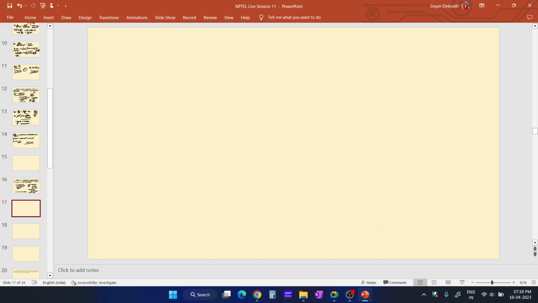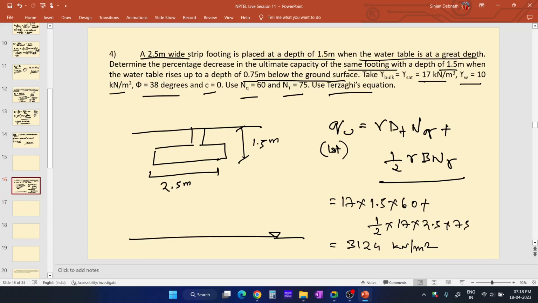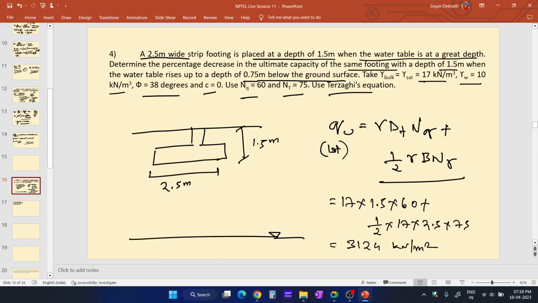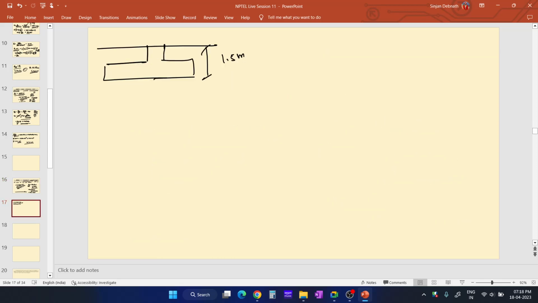So now in the second case, the water table rises up to a depth of 0.75 below the ground surface. Okay, so in the first case, suppose this is the footing, 1.5 meter is the depth of the footing, 2.5 meter is the breadth of the footing, and the water table is over here.